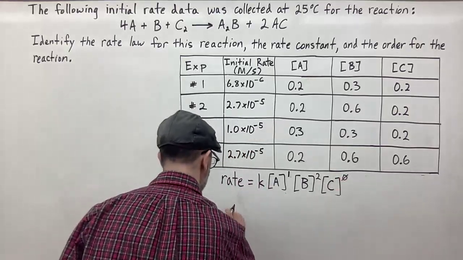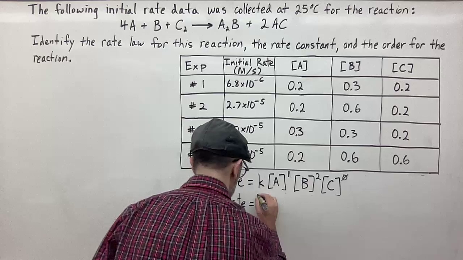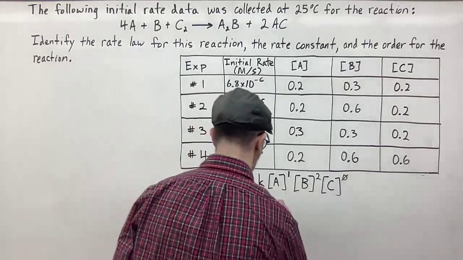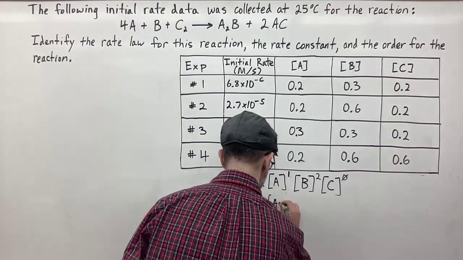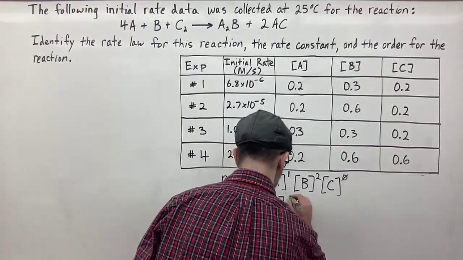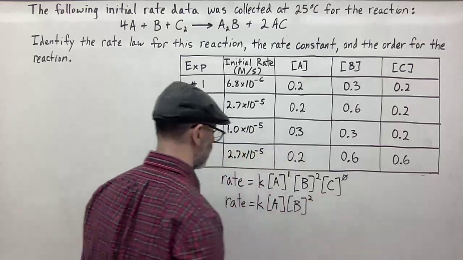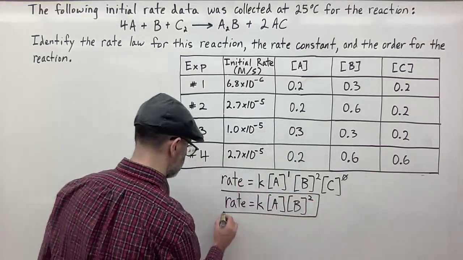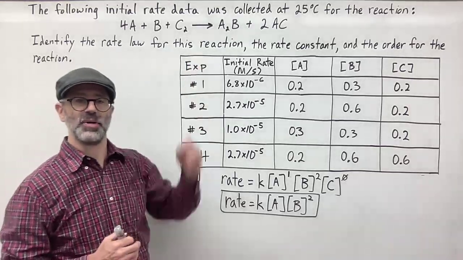So when we write out the rate law, it is finally going to be rate is equal to K, the rate law constant, multiplied by the concentration of A, multiplied by the concentration of B to the second power. So this, ladies and gentlemen, is the rate law for this reaction up here.